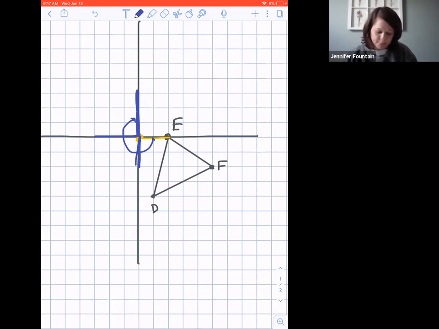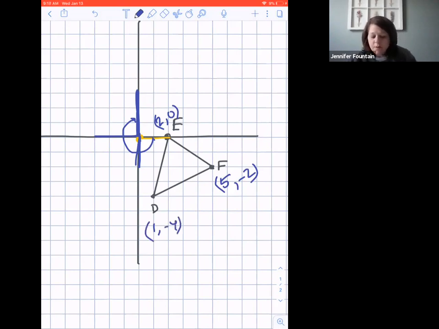Or I guess I didn't label these. I should have done that. 2, 0 is there. We said that F is 1, 2, 3, 4, 5, -2. And we said that D was 1, 2, 3, 4, -4.